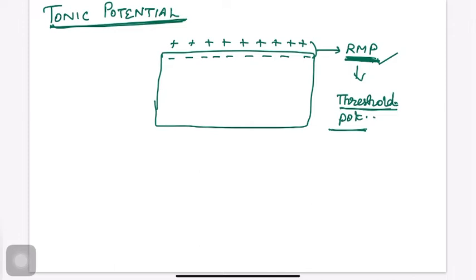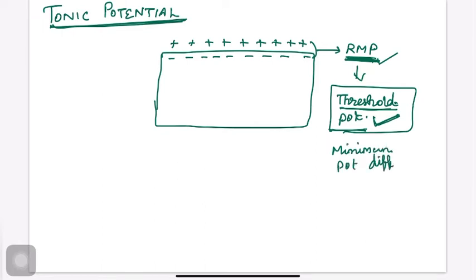So what is threshold potential? Threshold potential is the minimum potential difference which is required to generate an action potential, or in other words, the minimum potential difference which is required to fire a nerve.